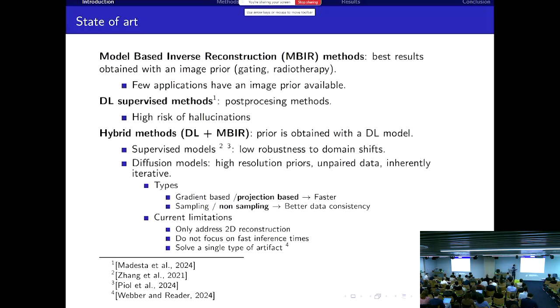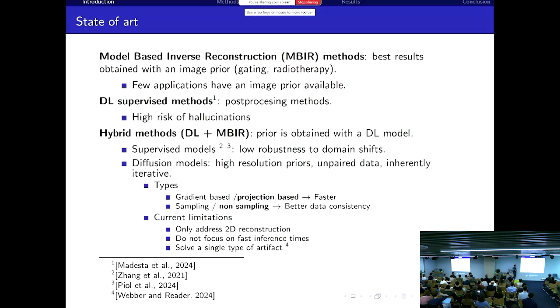For this type of application, I'd like to distinguish between two types of methods, gradient-based and non-gradient-based. Non-gradient-based are faster, so more interesting for our type of application. And non-sampling methods, we expect them to introduce better data consistency because they do not apply the generative pipeline of generative models, as we will see later on.